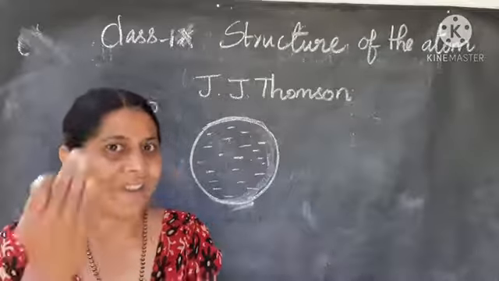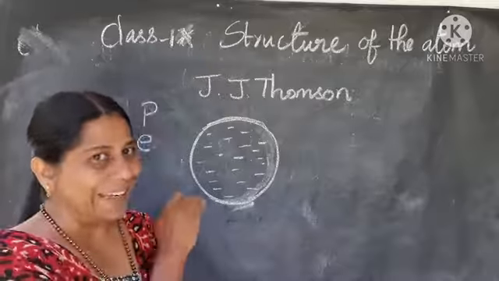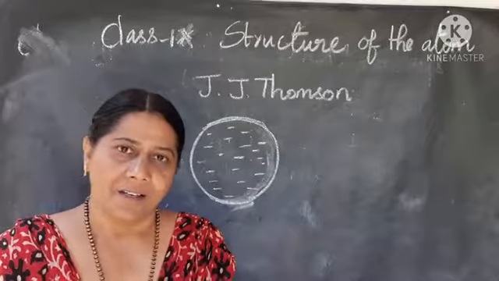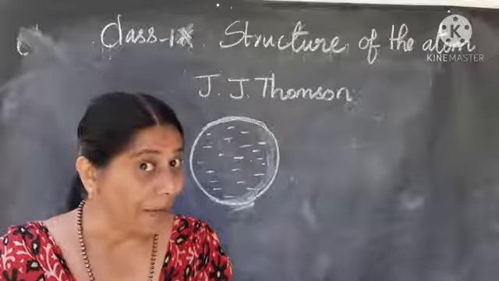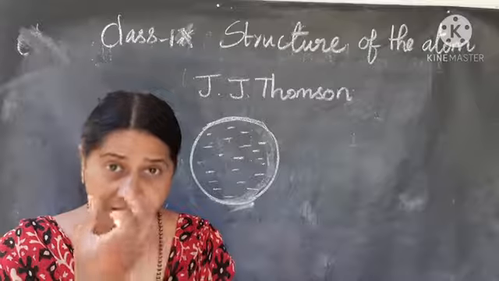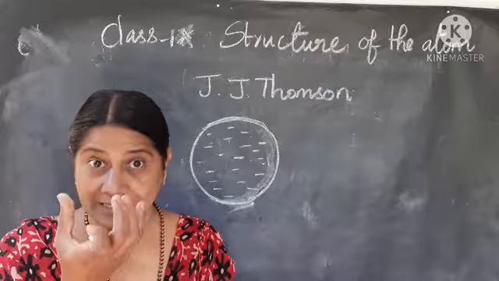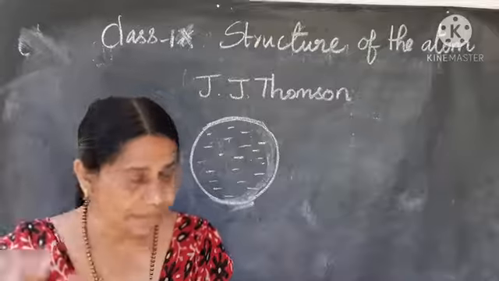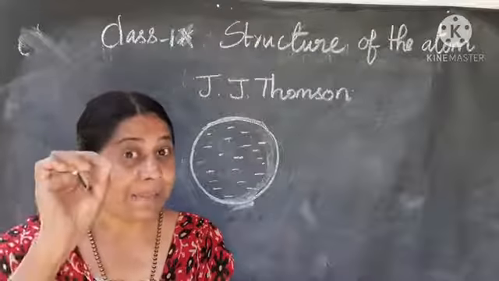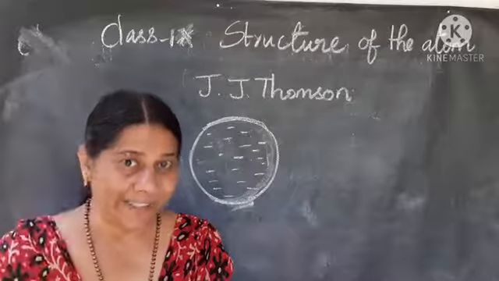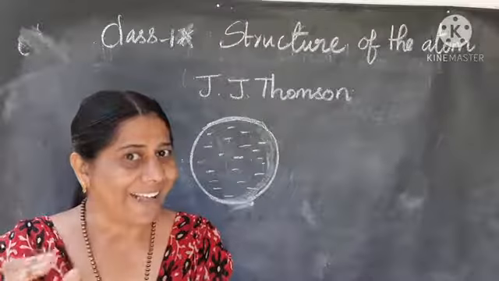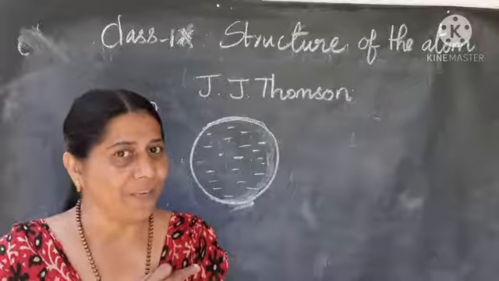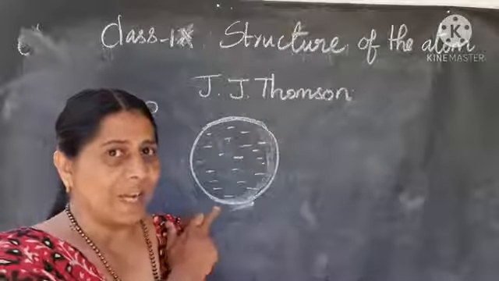Like that, electrons are present in the positive sphere of the atom. And also we can compare it to watermelon. The edible part, that red colored part, is the positive sphere and the seeds are spread here and there. They are like electrons. Hope you understood the structure of J.J. Thomson model.